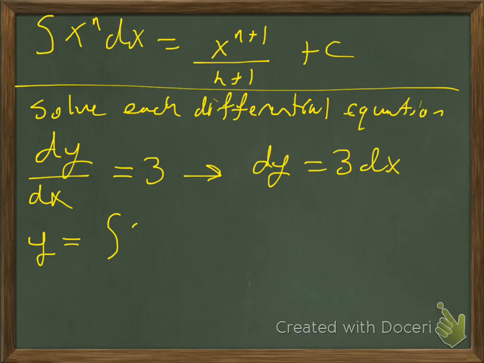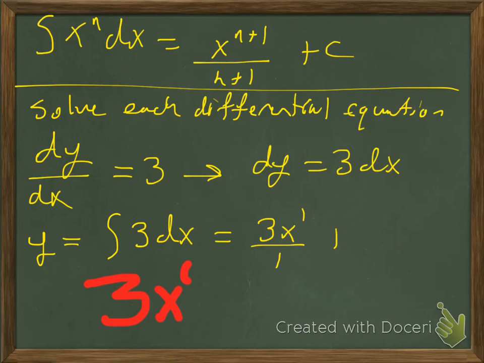So when we solve that, y is going to equal the integral of 3 dx, and it's going to be 3x. And before, you didn't see it there, the integrand is 3x to the 0, because x to the 0 is equal to 1. But we're efficient and we don't want to write that down if we don't need it.